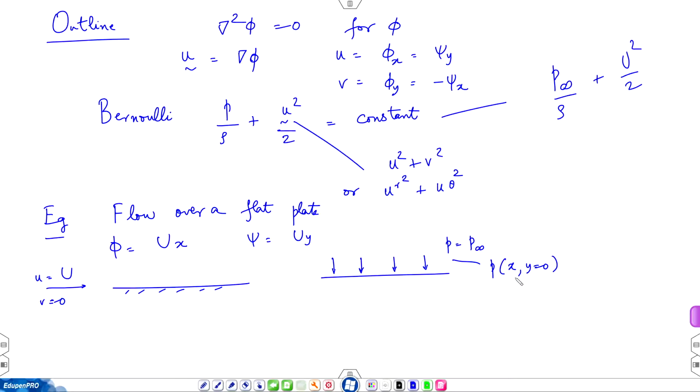Together it will give you a high Reynolds number. So, if you measure the pressure distribution along the surface, it turns out that you will get p equal to constant. So, it matches experiments.